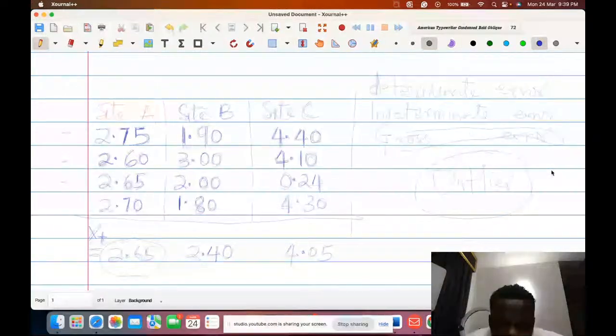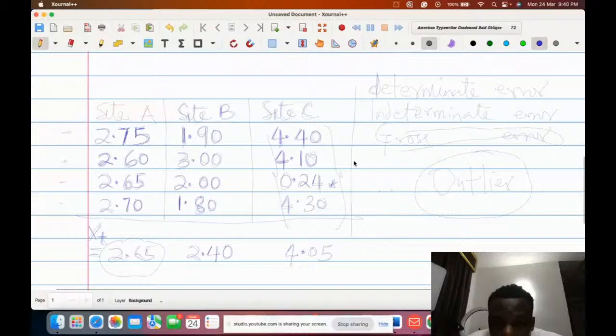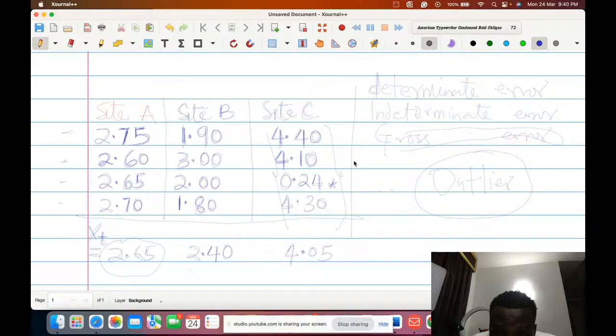We have four values here, 4.4, 4.1, and 4.3. As you can see, this one is lying outside the normal range of values. So for the fact that 0.24 is lying outside, it means it is characterized by an outlier. Those that are characterized by outliers are the gross errors.